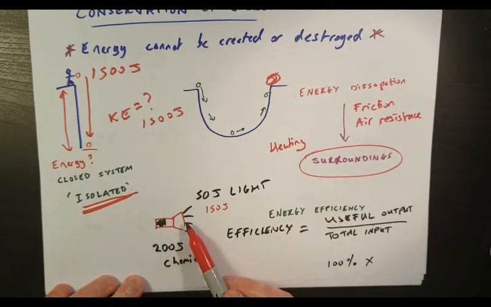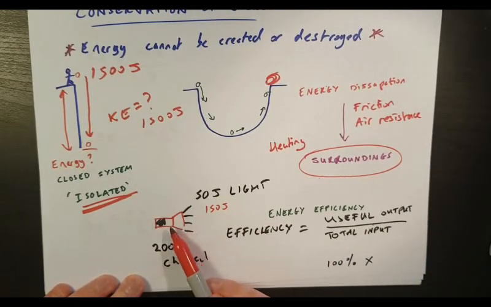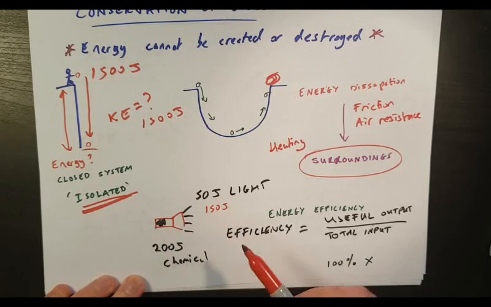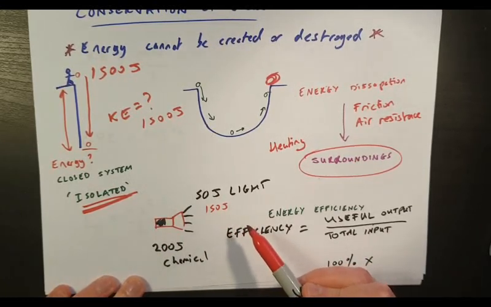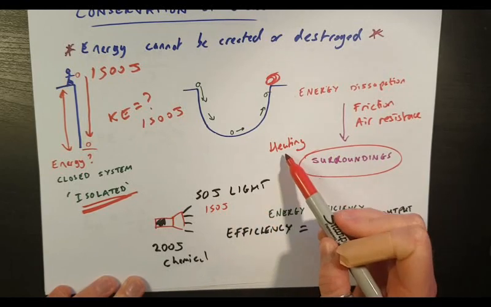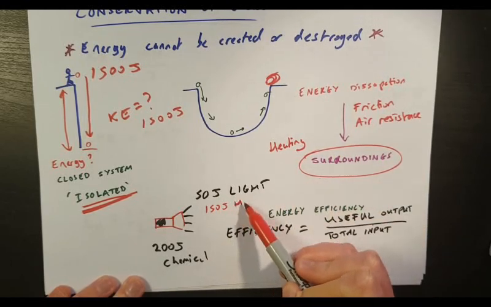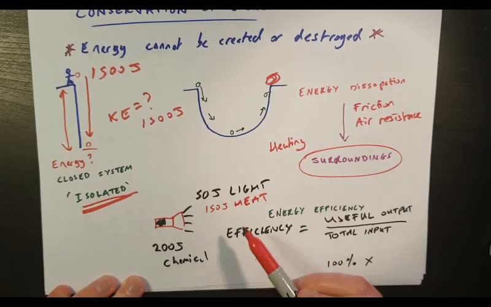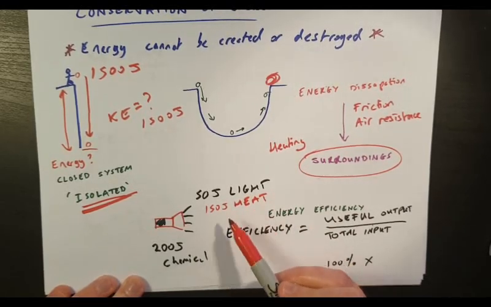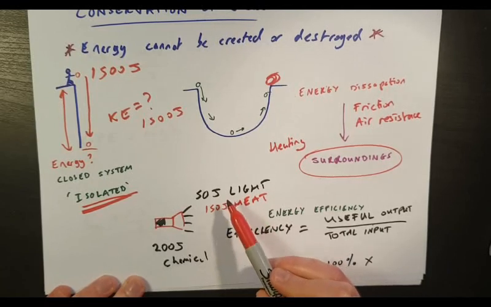Now, the pathway here would be the electrical pathway we said, between the chemical and then before the light leaves. A lot of the time, whenever you have electric current, there would always be at least some heating. So we've got 150 joules of wasted heat energy. Sometimes they may tell you the wasted energy and not tell you the useful.